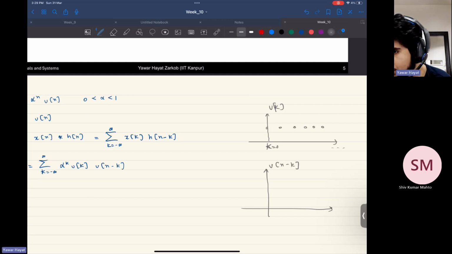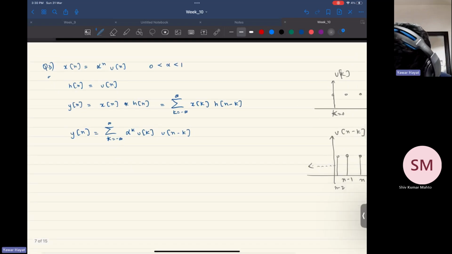Again, it will start at k equals n, where the argument is 0, n minus k is 0 and k is equal to n. So this is my u of n minus k. This starts at k equals n, and then k should decrease, as n minus k would increase. So the next samples would be n minus 1, n minus 2, and so on.